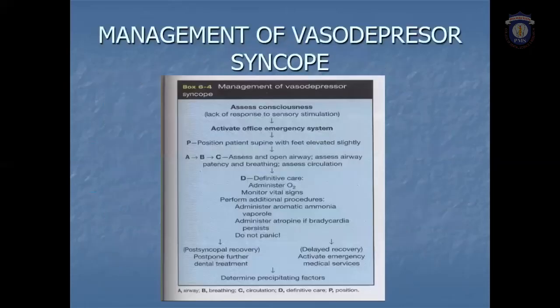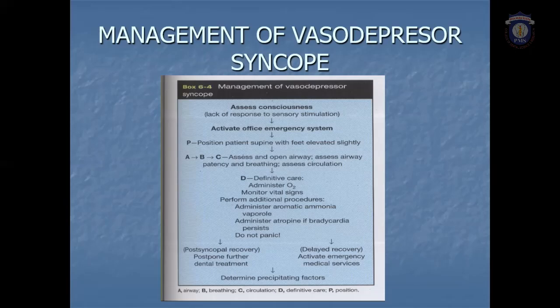So, management of vasodepressor syncope in a nutshell: assess the consciousness, activate the office emergency system, position the patient supine with feet elevated slightly so that gravity will aid blood flow to the brain, or the head should be lower compared to the heart. ABC: assess airway patency, breathing, and circulation.